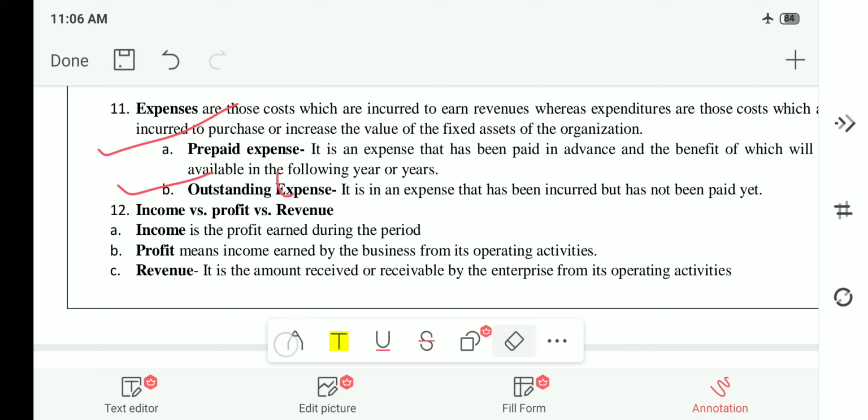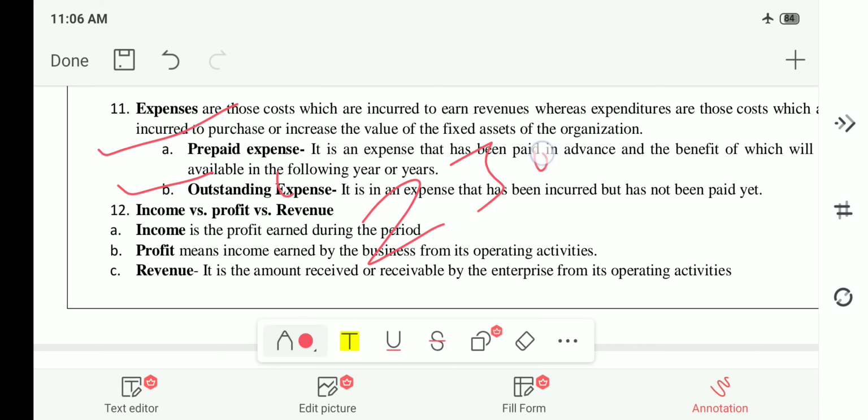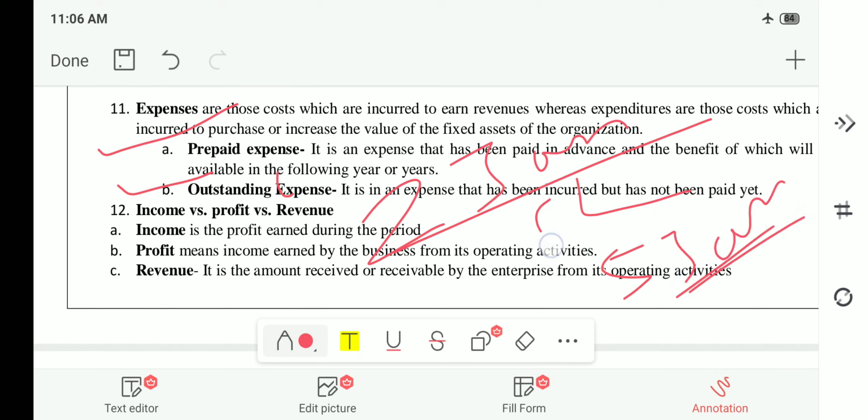I am paying the insurance amount on 2nd January, but this insurance for the two-wheeler will start on 5th January. Here there is a time gap of 3 days. For these 3 days I have prepaid my expense. That is, I am paying in advance, but I am getting the benefit after 3 days. This is nothing but prepaid expenses.